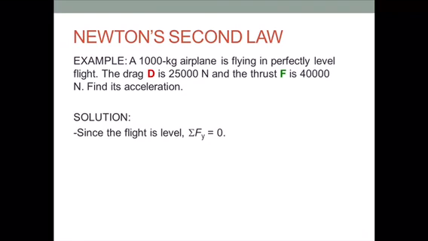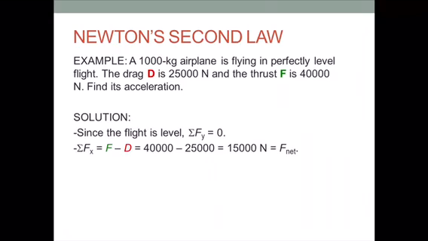Since the flight is level, we know that the sum of all vertical forces has to equal 0. Now that we dealt with the vertical component, we need to deal with the horizontal. The sum of horizontal forces equals thrust minus drag, because they are in the opposite direction.